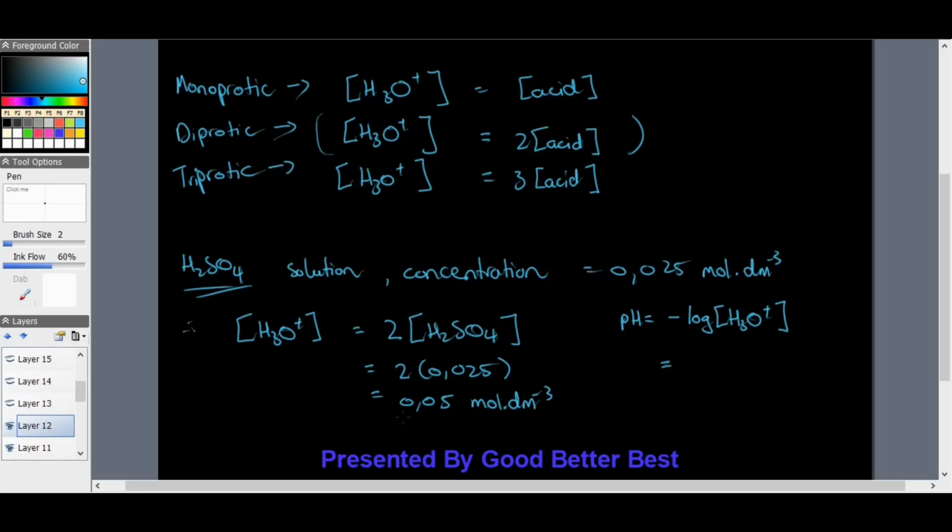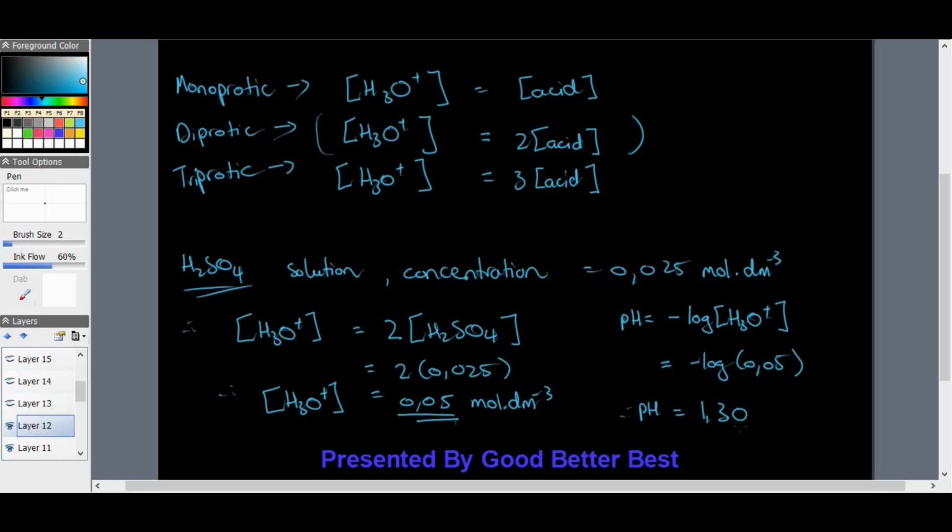So I substitute this: the concentration of H3O plus was equal to 0.05, so negative log 0.05. I put that in my calculator, and therefore the pH level for an H2SO4 solution with a concentration of 0.025 mole per decimeter cubed equals 1.30.